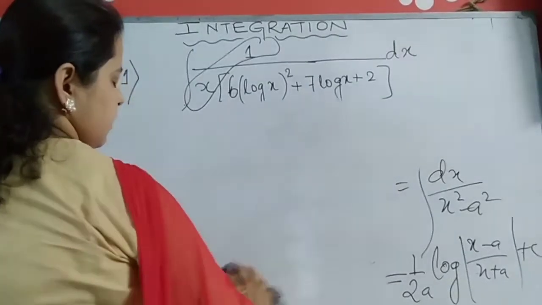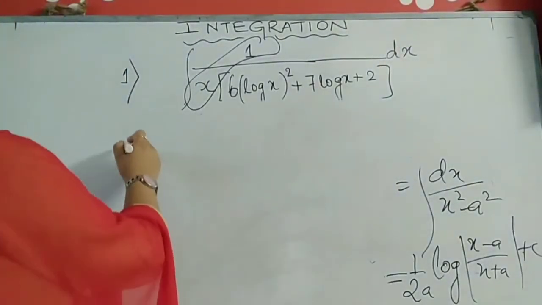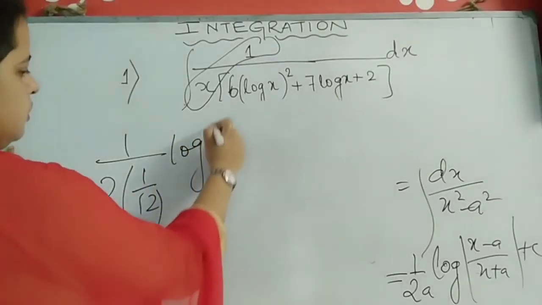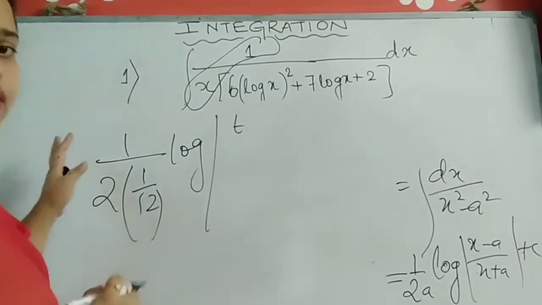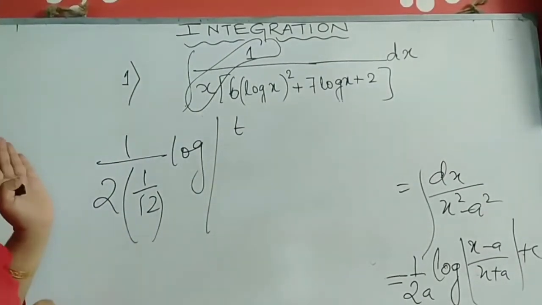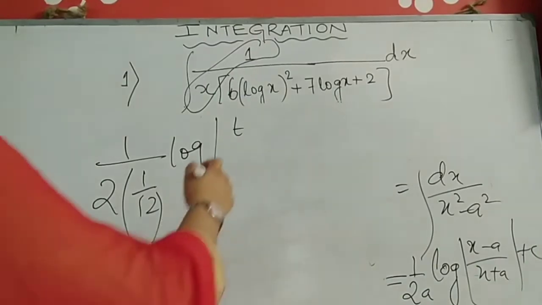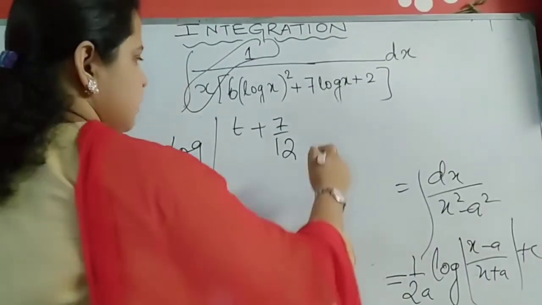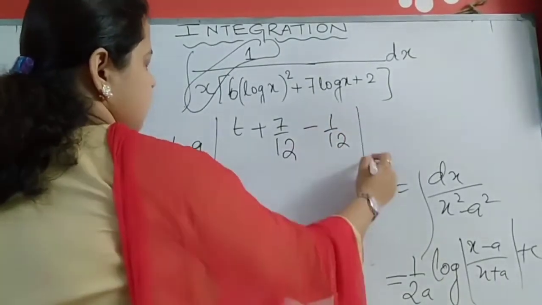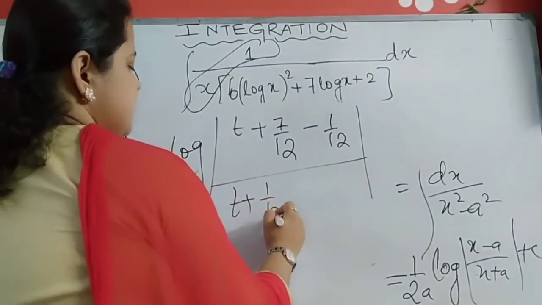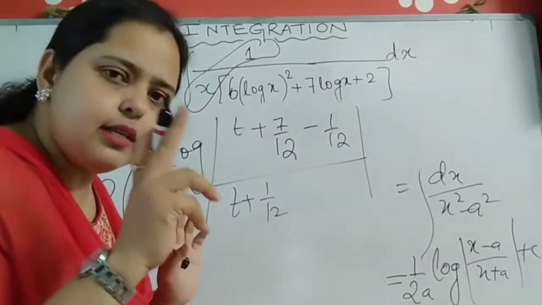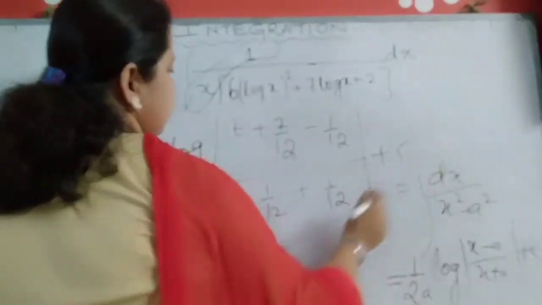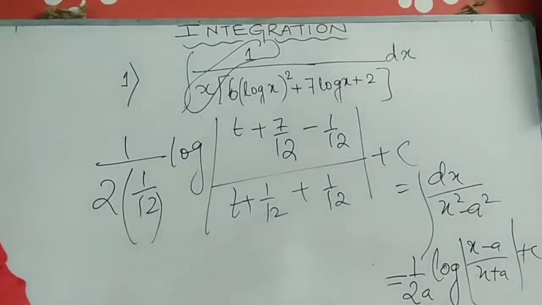The last expression is 1 by 2a, a was 1 by 12, log of t, what was that, it was t plus 7 by 12 minus a, then t plus 7 by 12, t plus 7 by 12 is considered as x. Plus c. Never forget to put that.